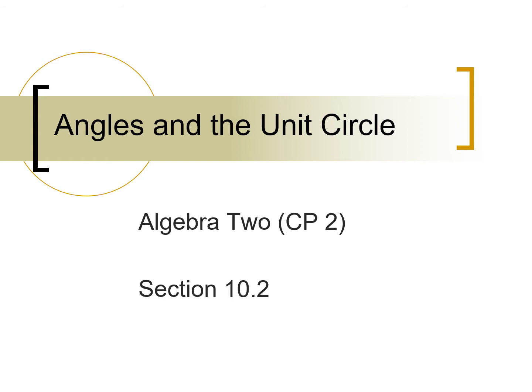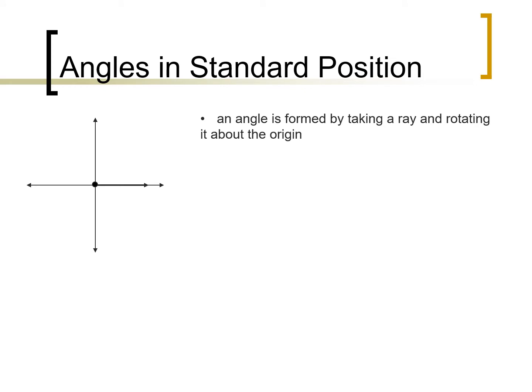So we're on page 7 in the notes, and we first need to talk about standard position. And before we do that, I need to actually give you a definition of an angle. Our definition of an angle is: an angle is formed by taking a ray and rotating that ray about the origin. So I've got a ray over here.